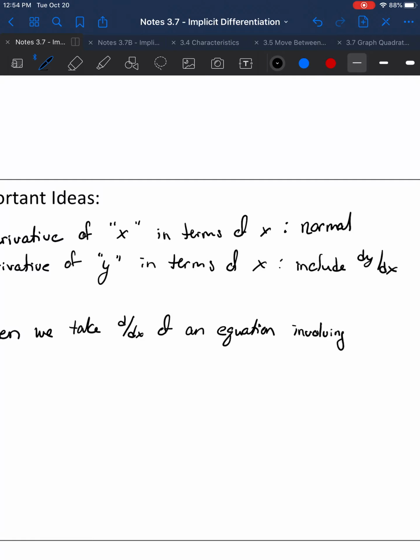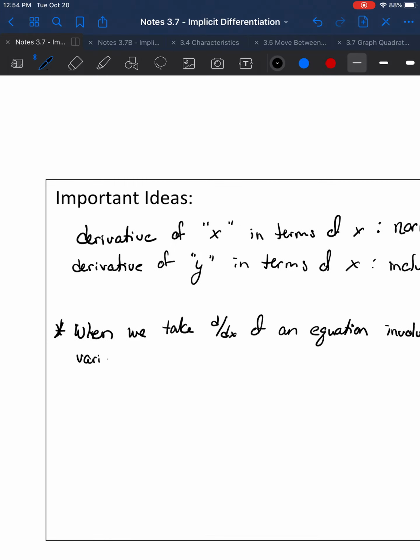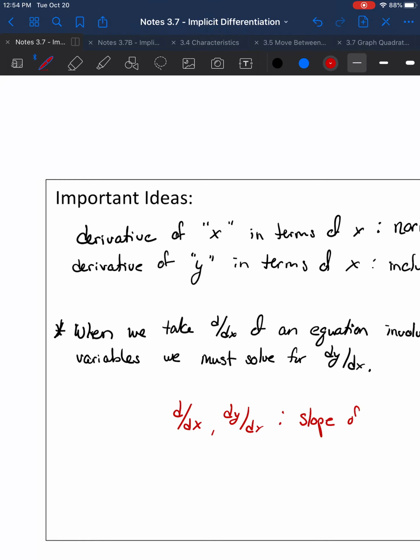When we take the derivative of an equation that involves multiple variables, we're going to have to solve for dy/dx.